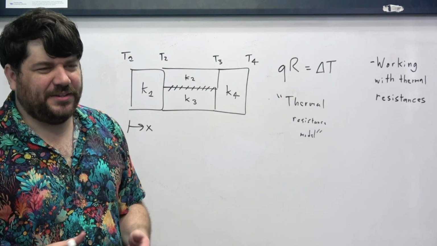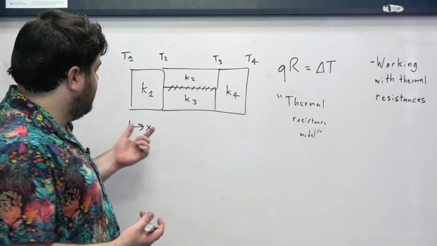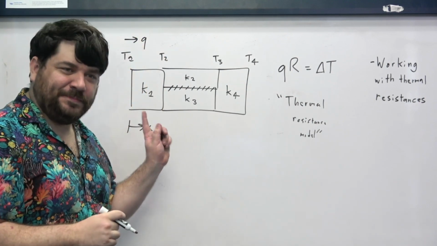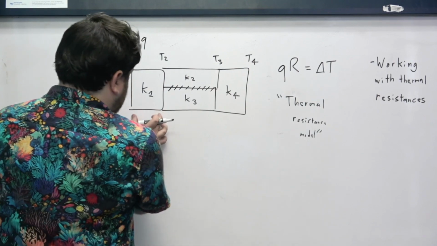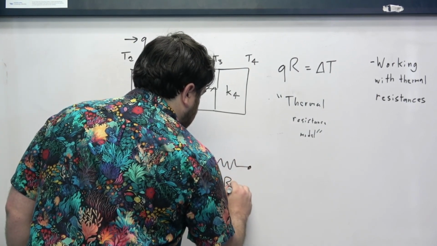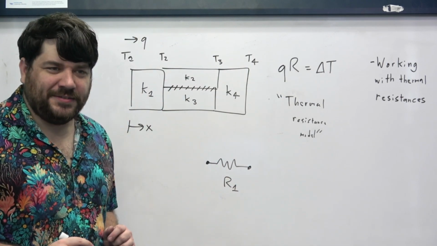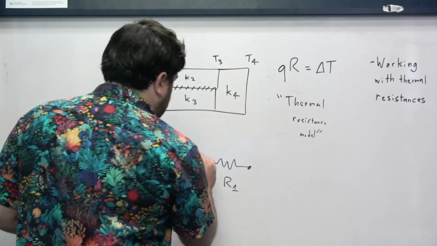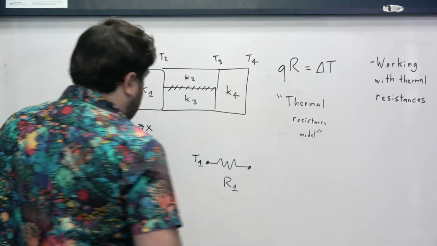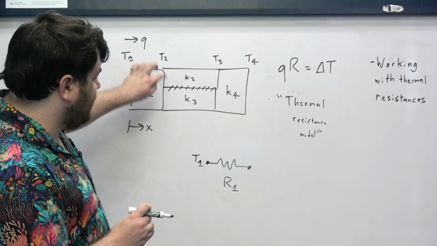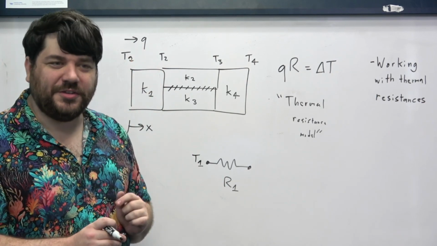Is it going to be in series? Not quite, right? Because the thing that happens is that if we know what the Q is over here, all right, we can certainly draw this as a thermal resistance, right? So that's fine and dandy. And we can say that the temperature over here is T1. And we can assume, for the purposes of this fanciful exercise, that the temperature on the left-hand side of both of these walls is T2.